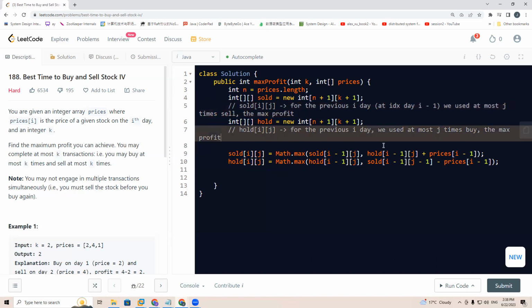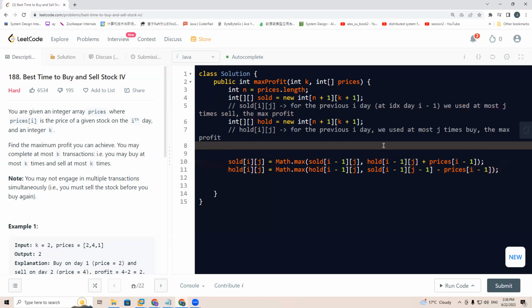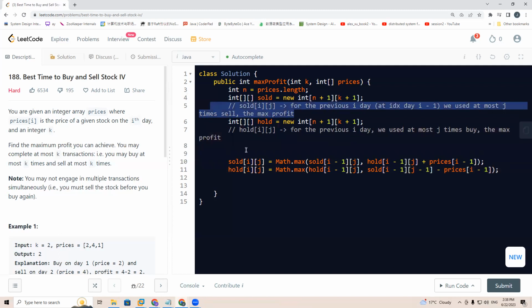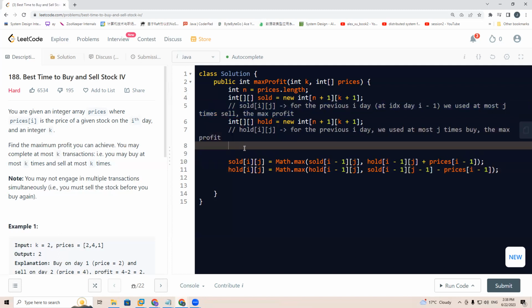So let's write it. If we know this, what we need is to define the initial value, as we talked about for hold, because we buy. It's possible that this one will go to a negative number.